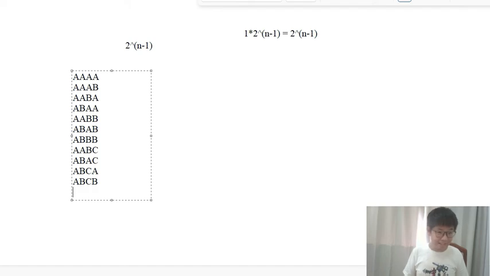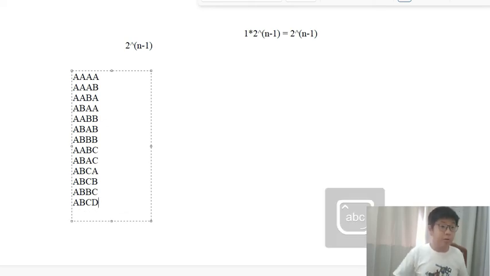This is getting tedious. ABBC, got this. So we have ABCD, yep, ABCD. So 1, 2, 3, up to 13.